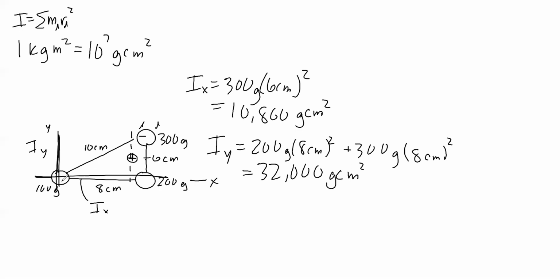But if you constrain the 100 gram mass so that it's possible to rotate one of these two ways, different situations, we see that I sub y, so rotating about the y-axis like this, is 3 times harder to get the thing rotating than it is to get the thing to rotate like that.